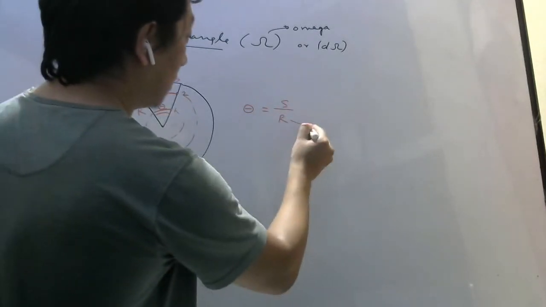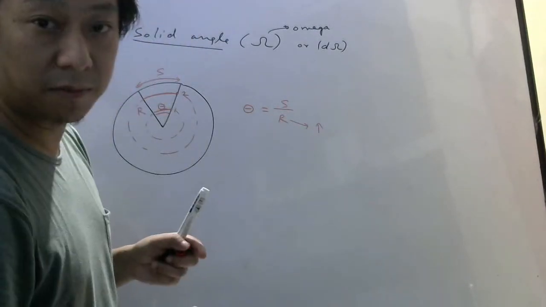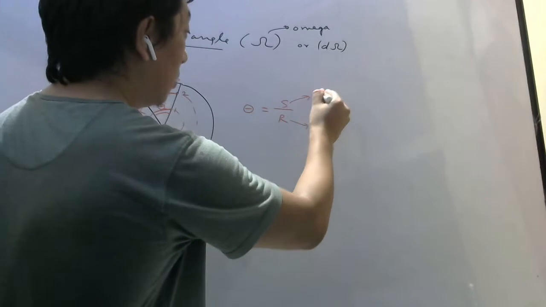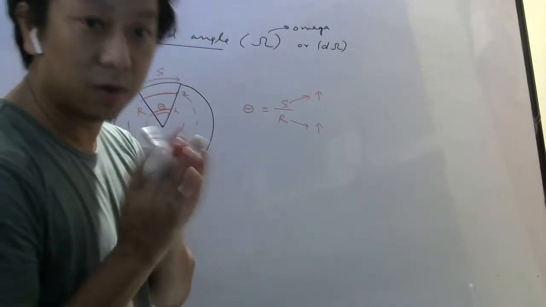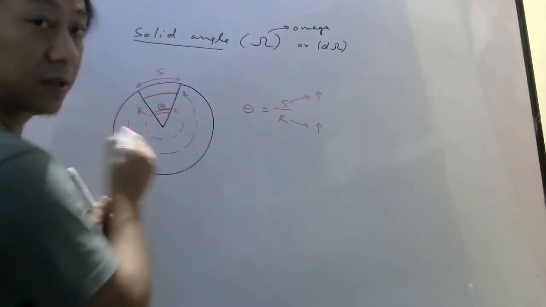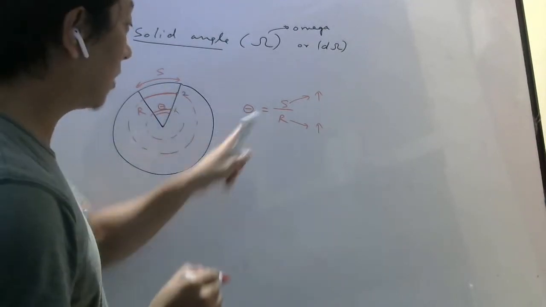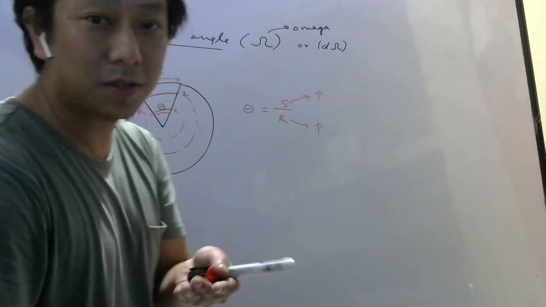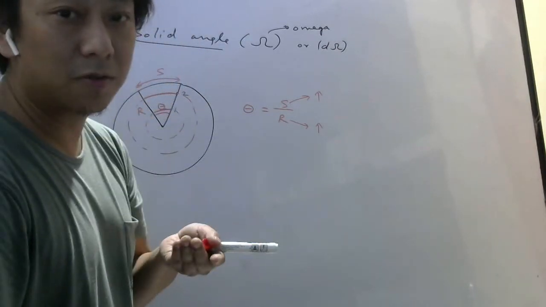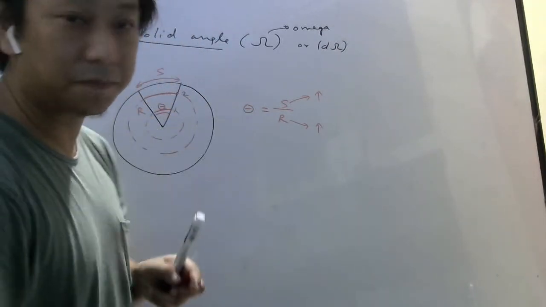Radius increases by some factor, arc length also increases by the same factor. So the ratio of these two will be constant for these two lines. Understood or not? Since it is a constant, it is useful, right? Something which is constant in a problem is always useful. So we call this angle.